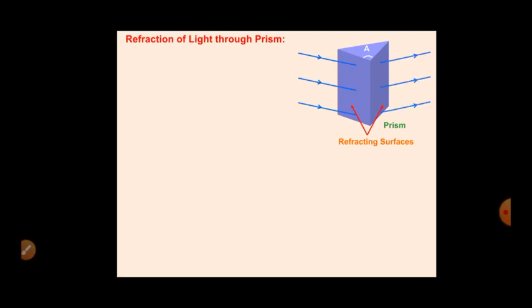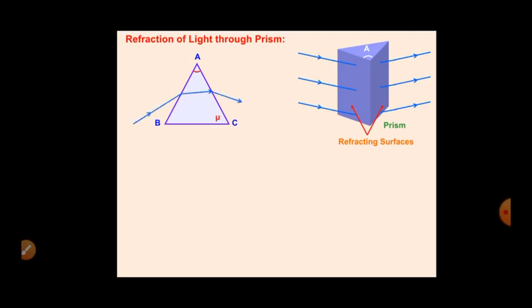Whenever light passes through the prism, first it gets refracted at the first surface, and then at the second surface it refracts again. We can represent the prism symbolically as the triangle ABC, where angle A is the angle of prism. Suppose mu is the refractive index of the prism.